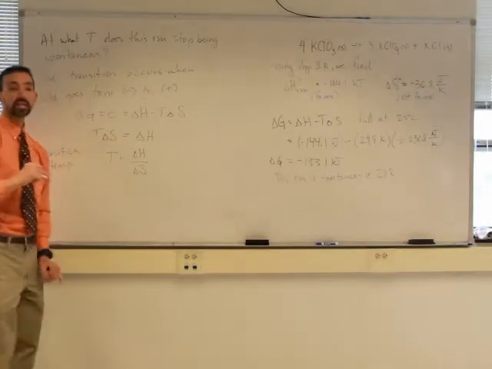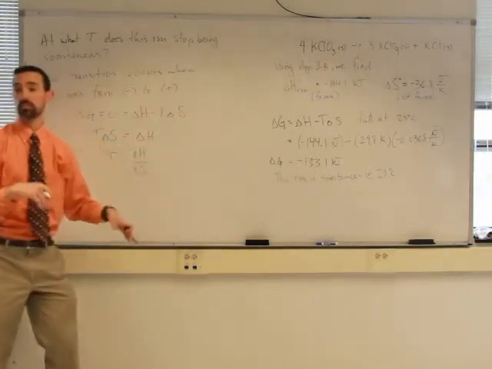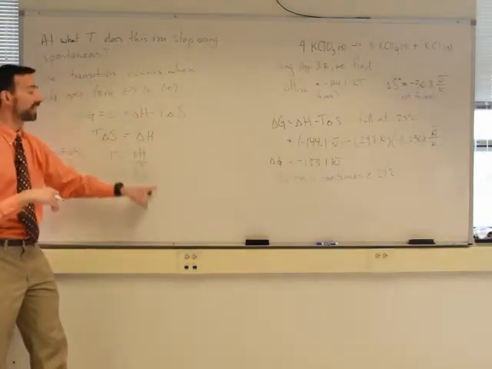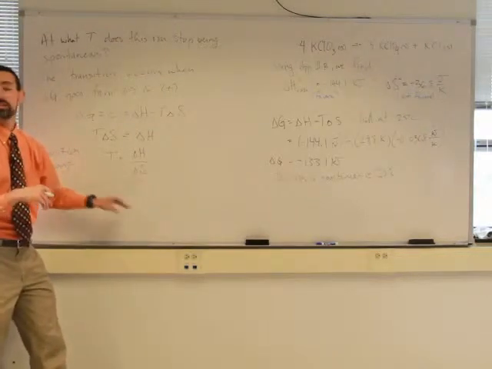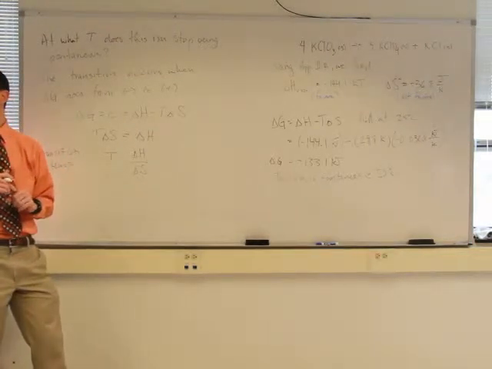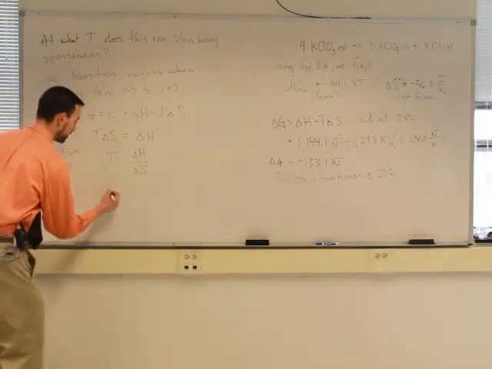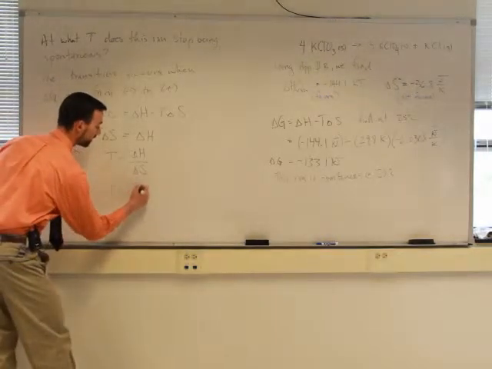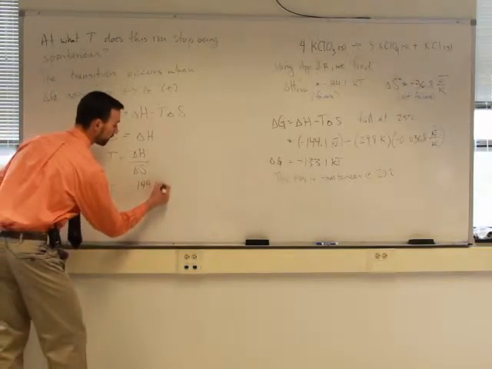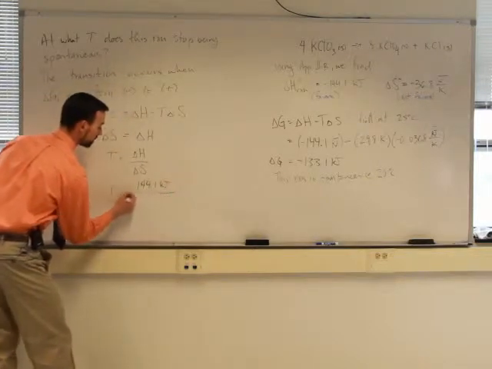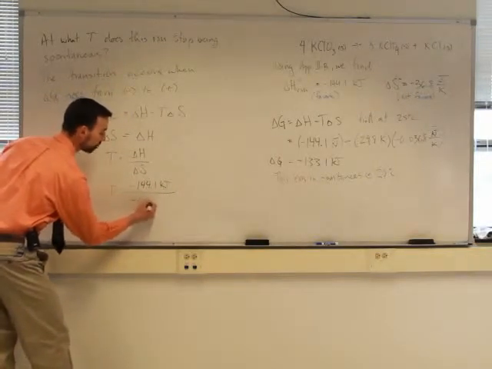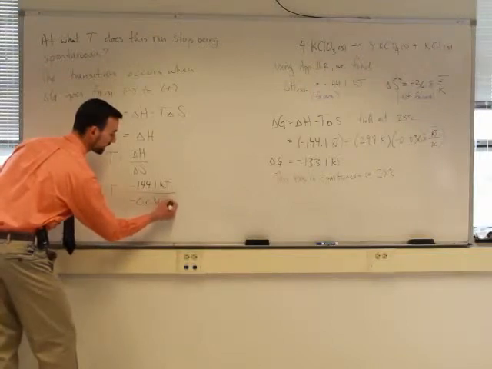It's how you can quickly find it, not just for this one, but for any reaction where you know the H and the S. This is how you find the transition temperature. So for our reaction here, we would take our negative 144.1 kilojoules, and we would divide it by the negative 0.0368 kilojoules.